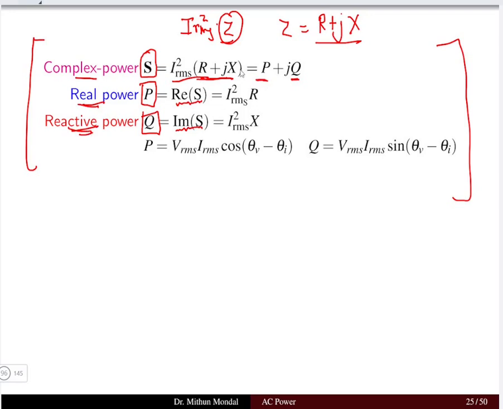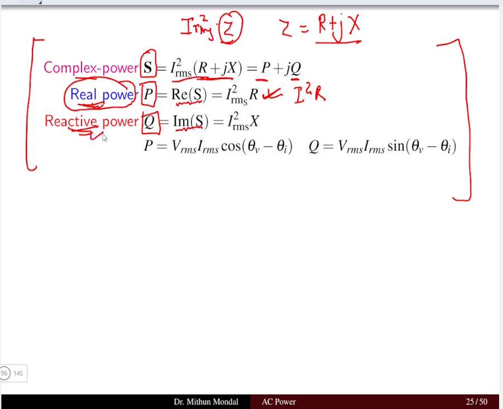If we break it, we get I RMS square into resistance, which is similar to DC, that is I square R, will be the real power. Real power is also called average power, true power, useful power. So any name you can use for the real power, either average, true or useful.